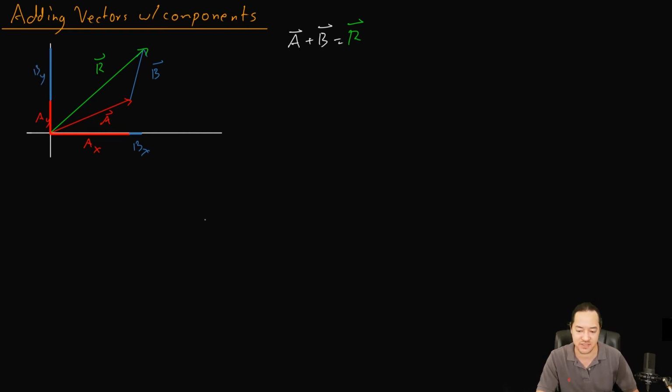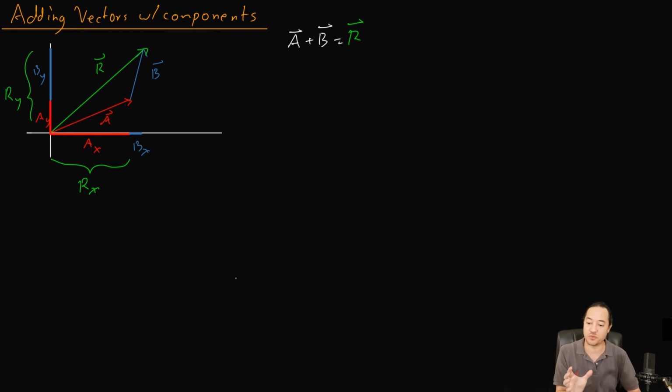And what we can see is that they add up to become R sub x, and this winds up being R sub y, which lines up to become the components of this final resultant vector R.